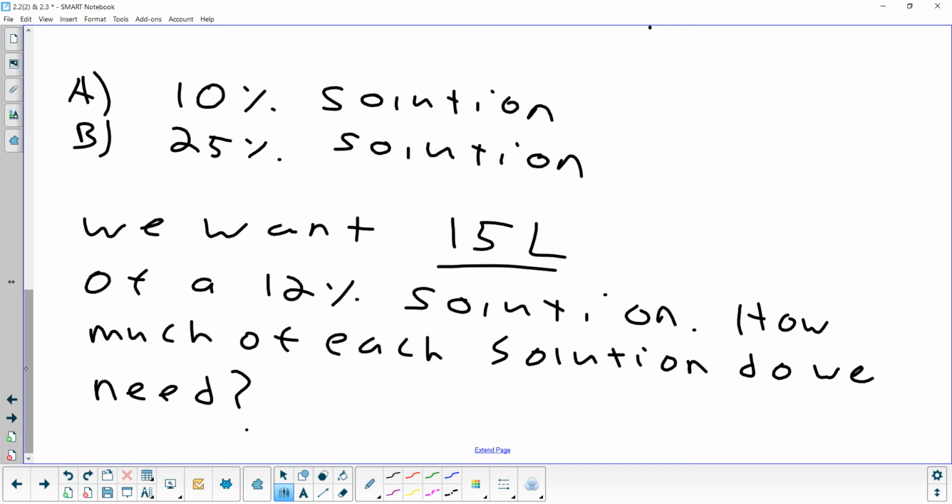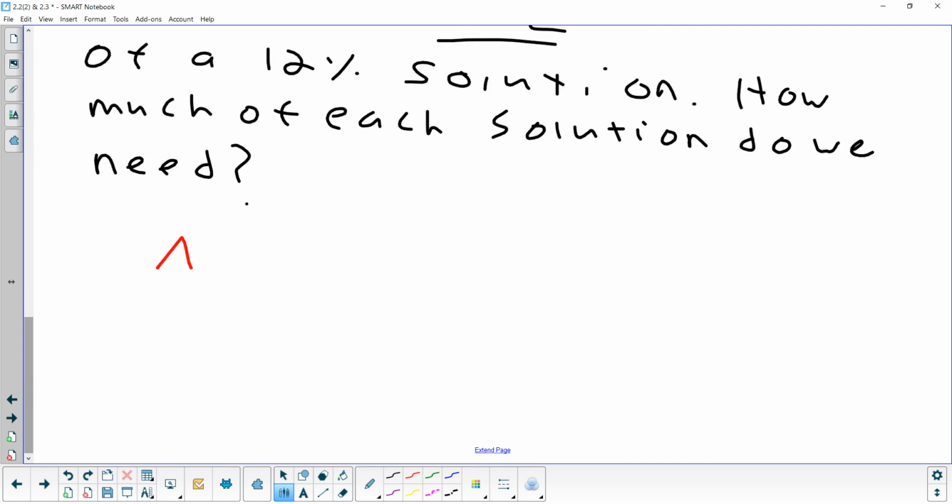We just want a variable to represent the number of liters needed in the 10%. Well, they've already given us the variables. So I'm basically just asking you to read it up for it. Which variable do they tell us to use for the 10% solution? And I said these are going to represent volumes. Would it just be A then? A. So A is the amount of the 10% solution that we need.